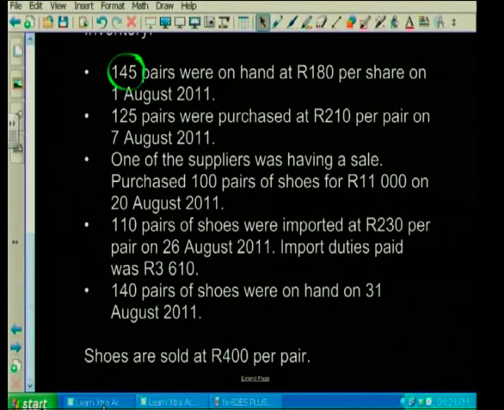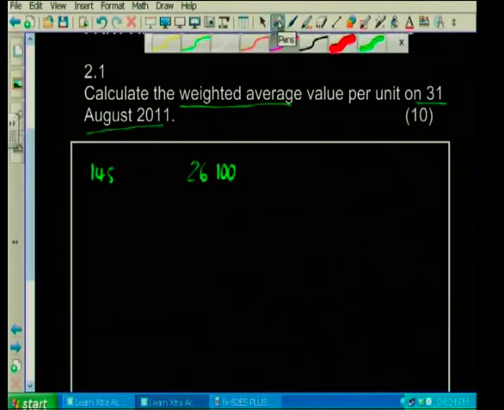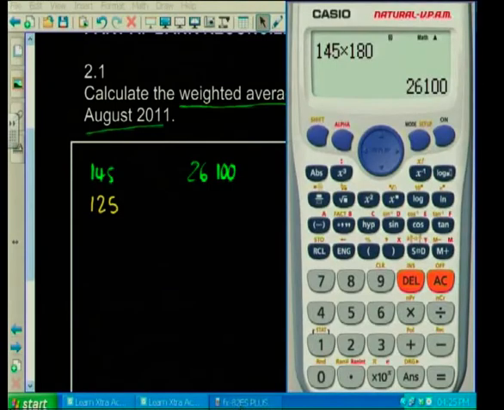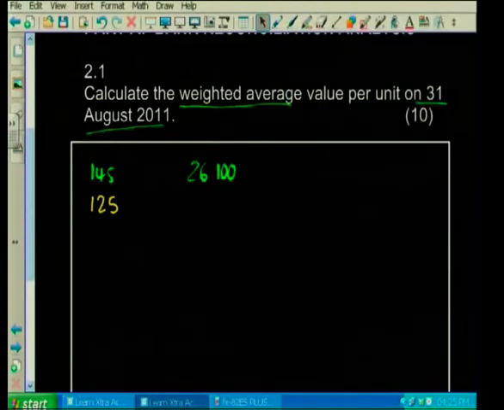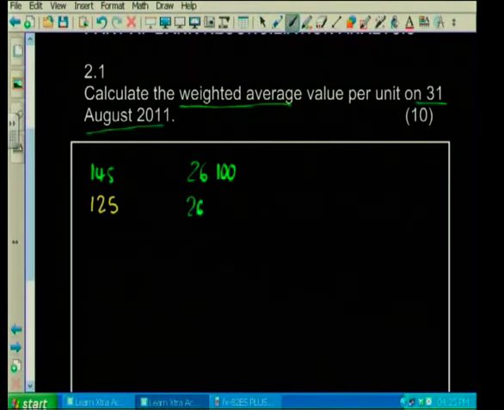Okay, next one. 125 at 210. So 125 times 210, and the value there is 26,250.